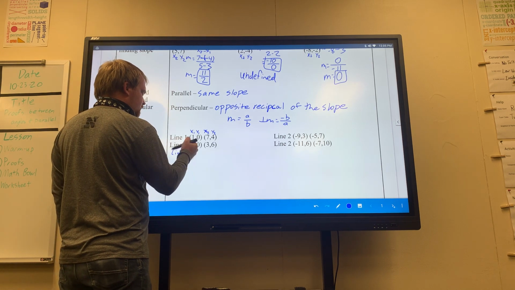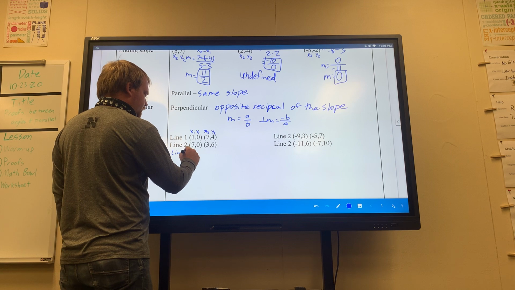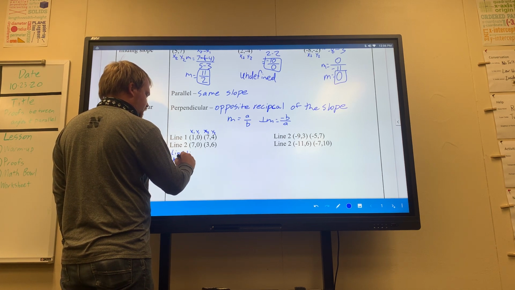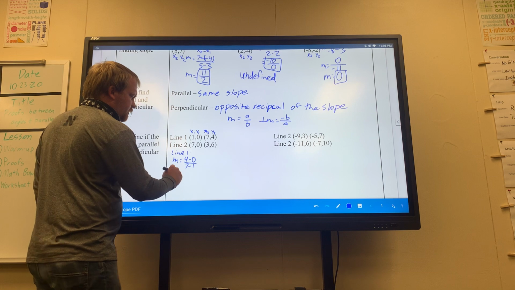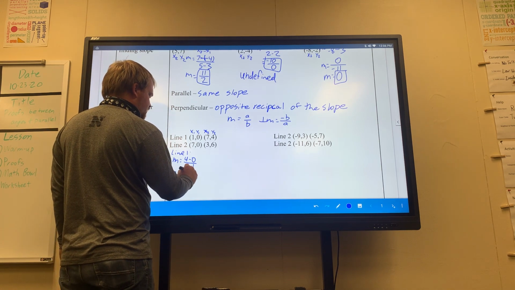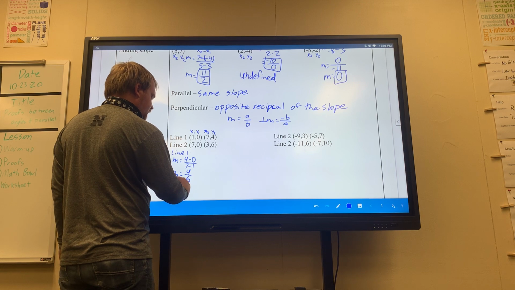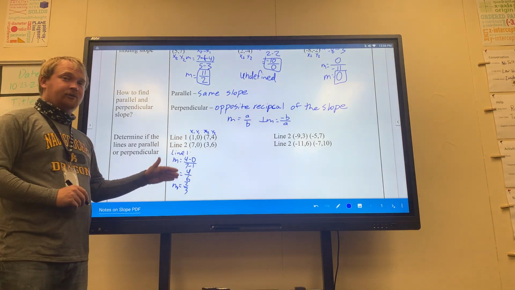So once I label them, I'm plugging in accordingly. So I'm going to do 4 minus 0 over 7 minus 1. Well, 4 minus 0 is just 4. 7 minus 1 is 6. Which we know to simply be 2/3 once I simplify it.